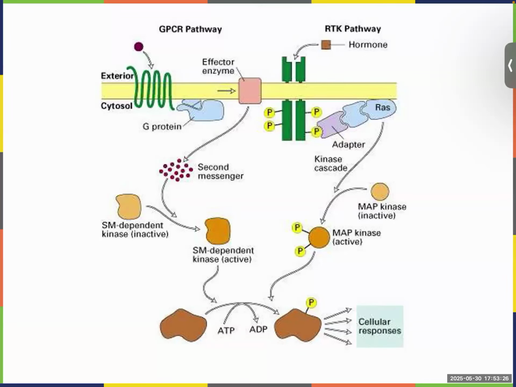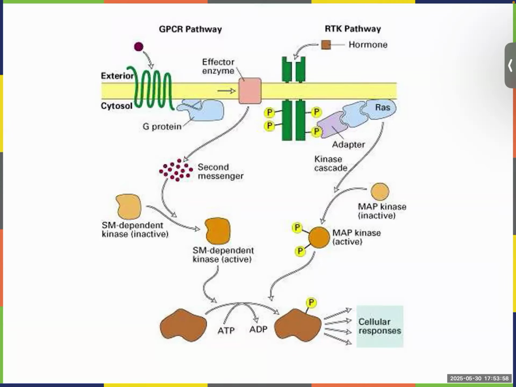In the GPCR pathway, a G protein gets activated when a hormone binds that receptor that looks like a snake, and it activates an effector enzyme, which makes a secondary messenger, which is another small molecule. It binds a special kinase that's specific to that secondary messenger. Okay. And then as a result, that kinase adds a phosphate to some protein after it takes it from ATP.